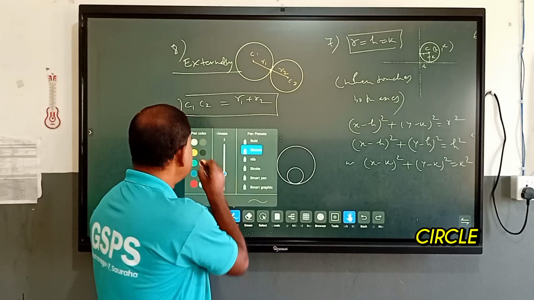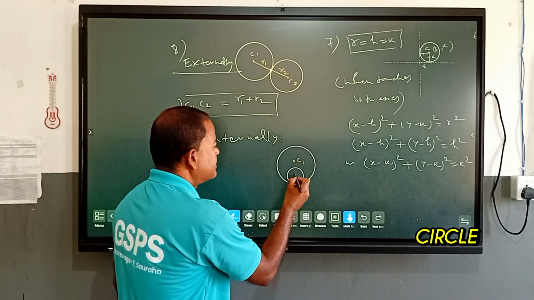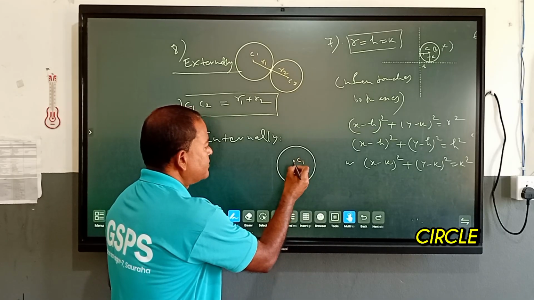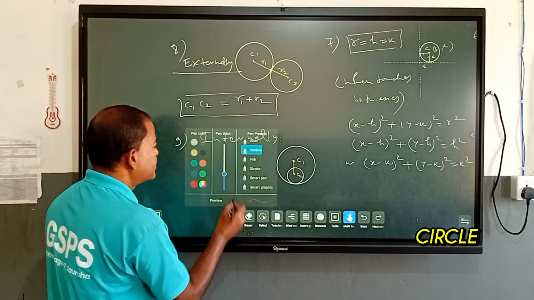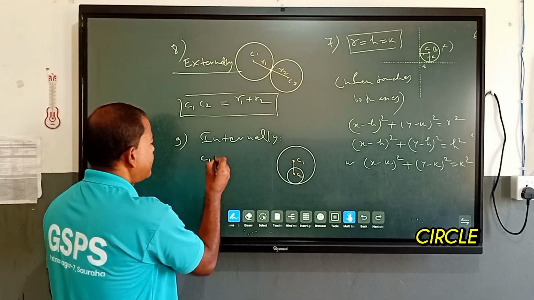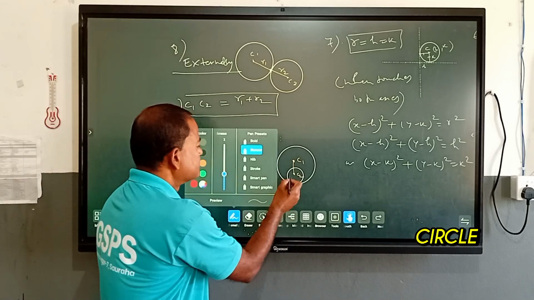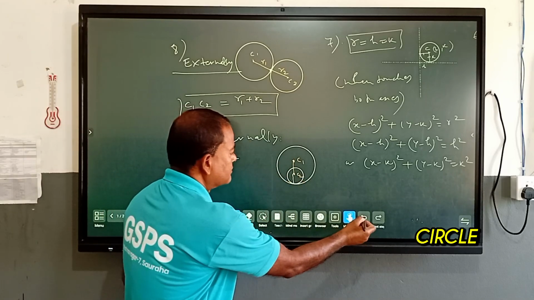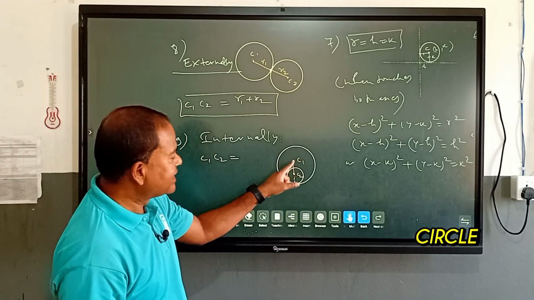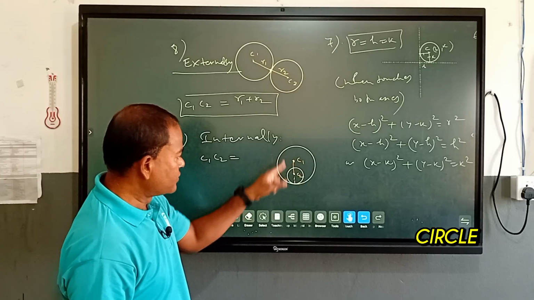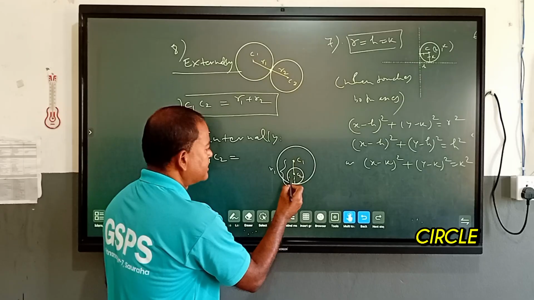So when two circles touch each other internally, the distance between the centers of the two circles, that means C1 C2, will be equal to R1 minus R2.